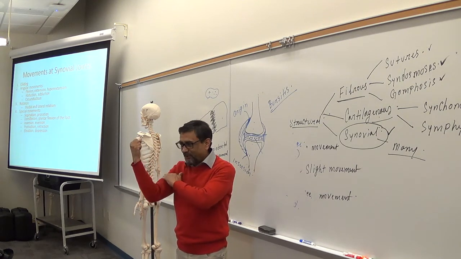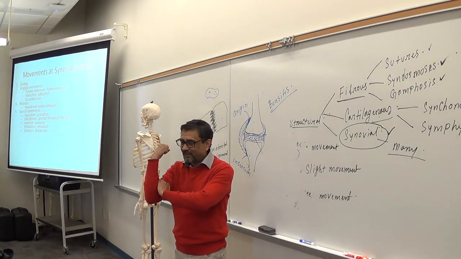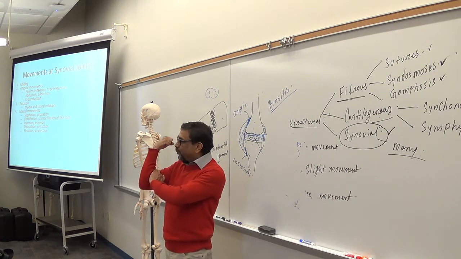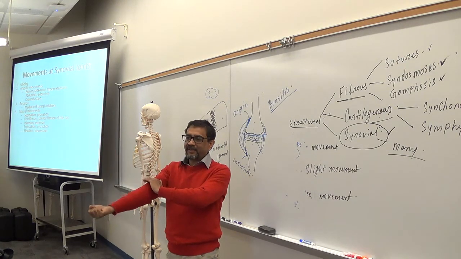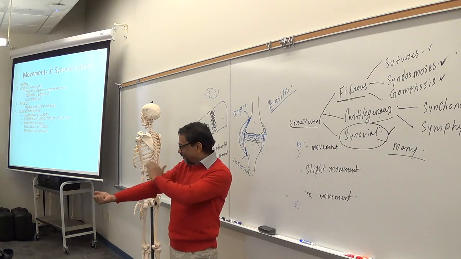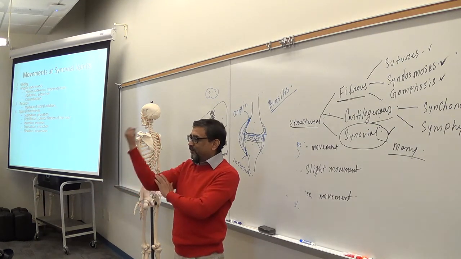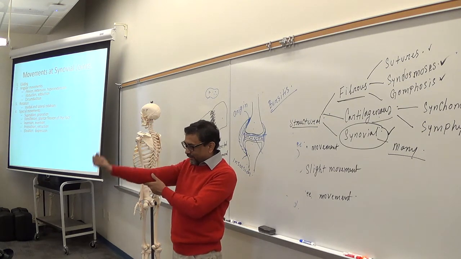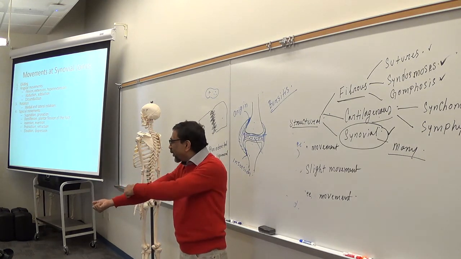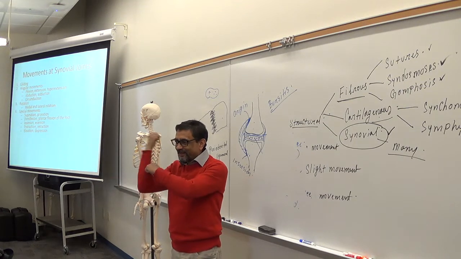So two bones come close to each other. That is called flexion. Opposite of flexion is extension. Is it clear? So the angle is getting bigger in extension. So this is flexion, this is extension, of what? Forearm, because the forearm is moving, right?